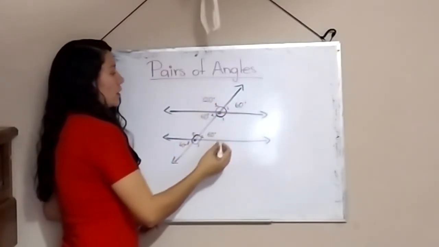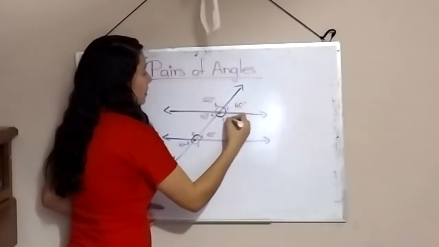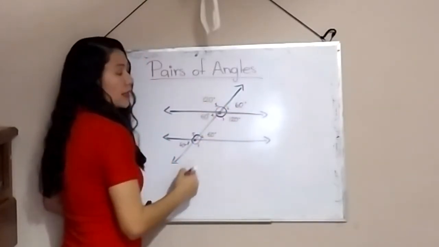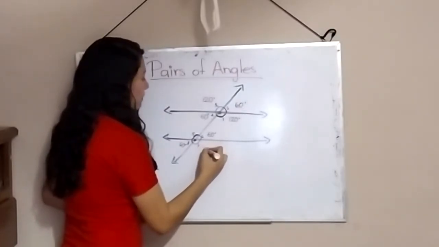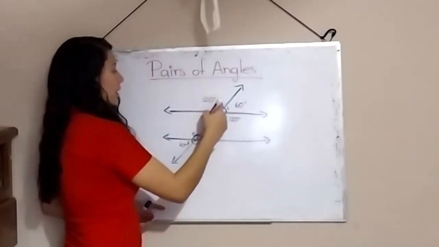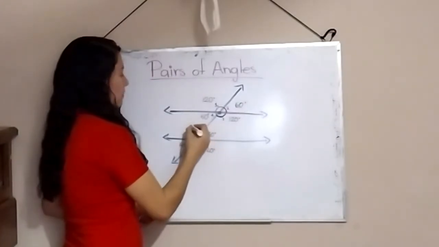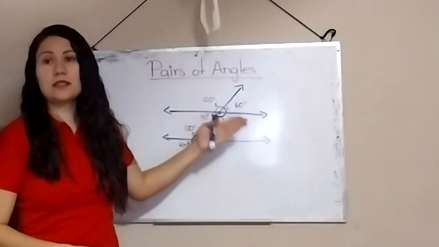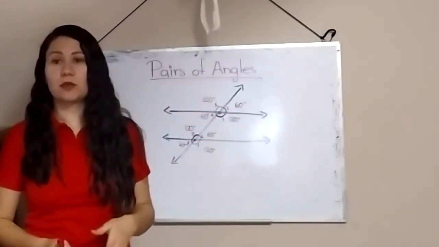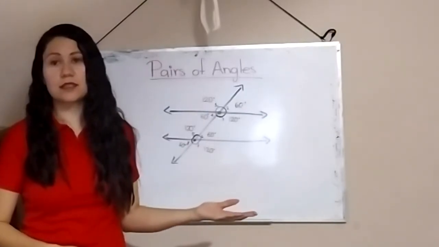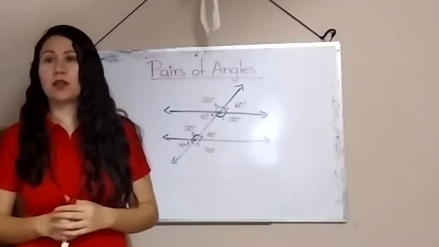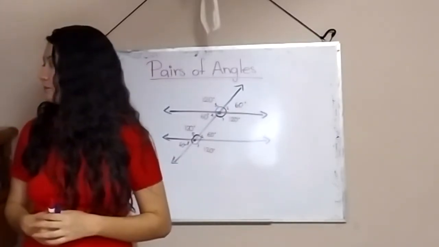Now the vertical angle to number 1 would also be measuring 120. The alternate exterior also 120. And the corresponding angle 120 degrees. And that is the way we can know the measurement of the 8 angles of 2 parallels and 1 transversal line just by knowing the measurement of 1.